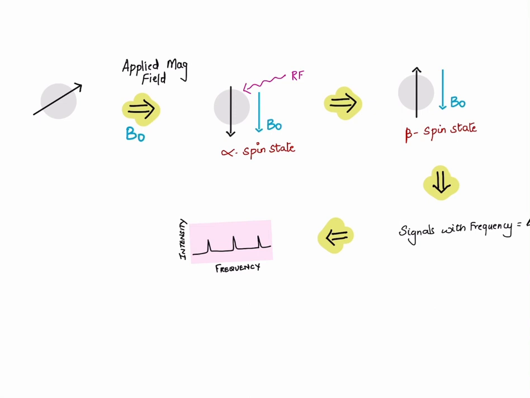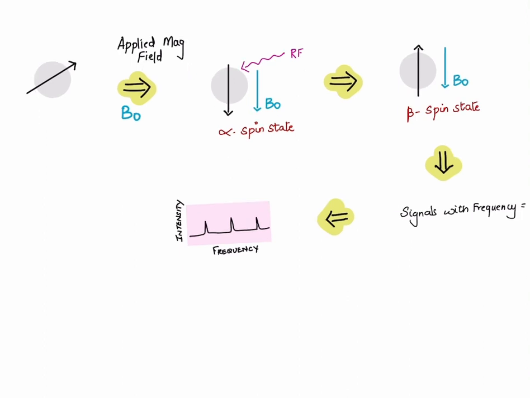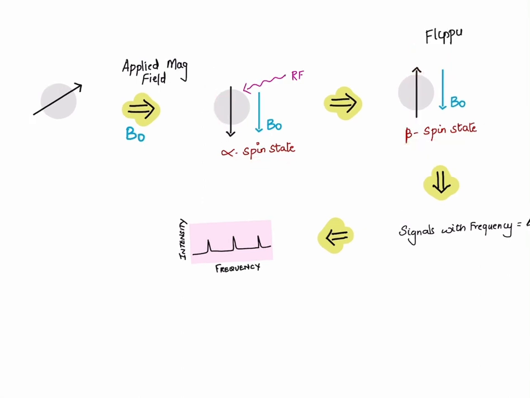Now, when this sample is subjected to a pulse of radiation whose energy corresponds to the energy difference between the alpha spin state and the beta spin state, this nucleus from the alpha spin state is going to get promoted to the beta spin state. And this process is called flipping. And the energy that is required to do this flipping is going to come from the radio frequency region of the electromagnetic spectrum. It is basically the RF frequency.